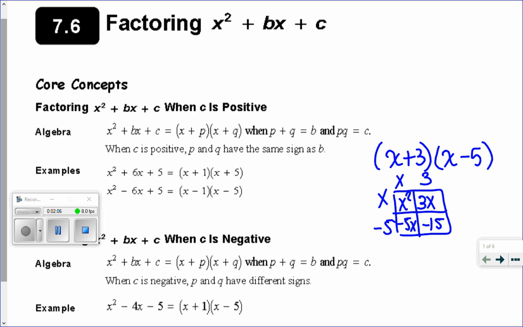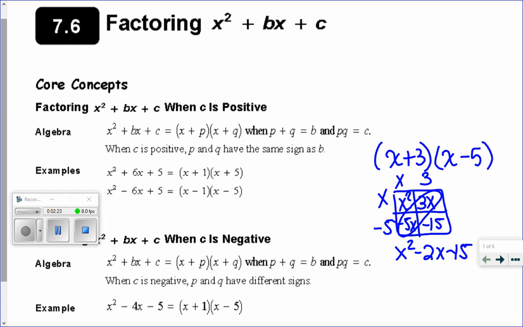But then, most of the time, you have a couple of like terms in the center that would combine. And so most of the time, our final product was a trinomial, okay?